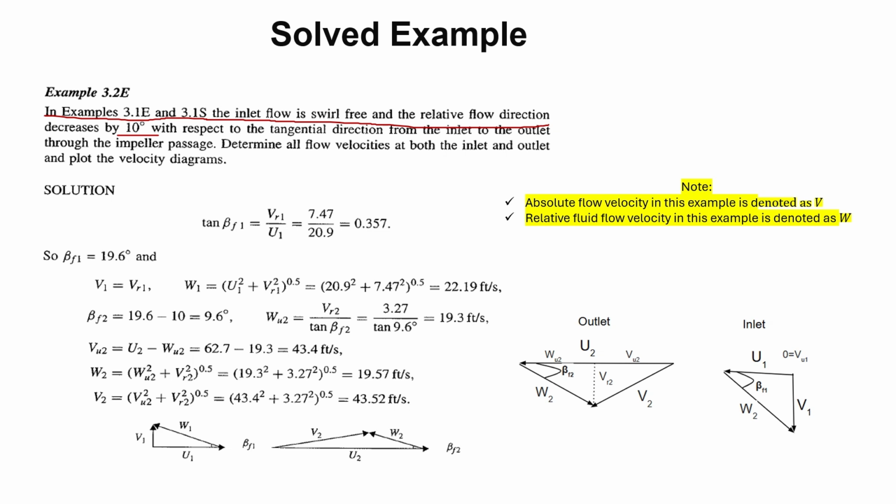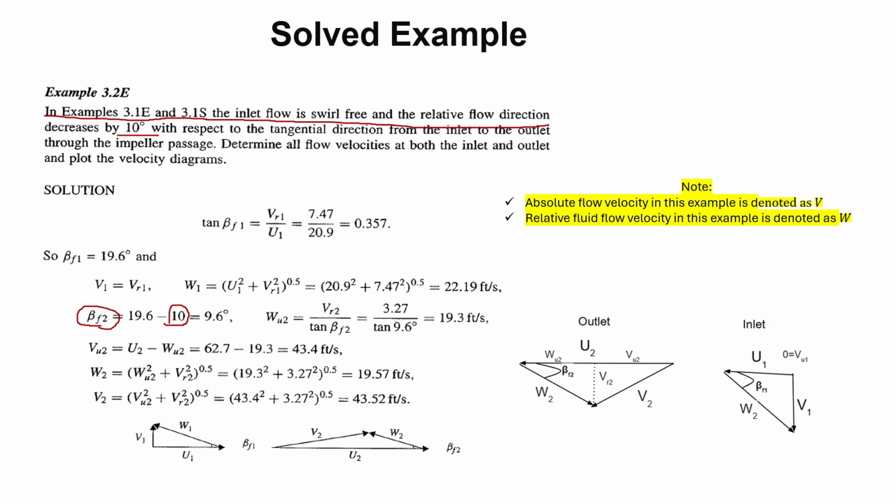Meaning that the flow angle at the outlet of the rotor is less than the flow angle at the inlet by how much? By 10 degrees. That's the meaning of decreases by 10 degrees with respect to the tangential direction from inlet to outlet.